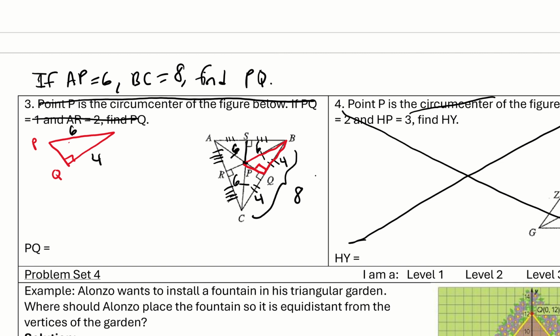So again, a squared plus b squared equals c squared, right? So we get PQ squared plus 4 squared equals 6 squared. Then we can subtract 4 squared on both sides and then take the square root. So I'm just going to go ahead and skip straight to that.